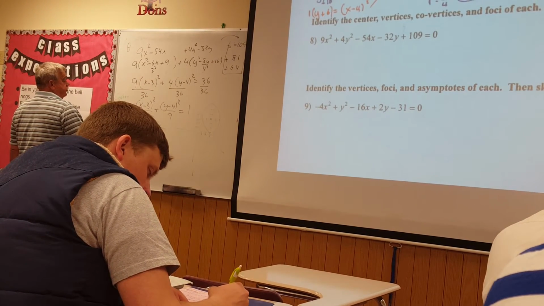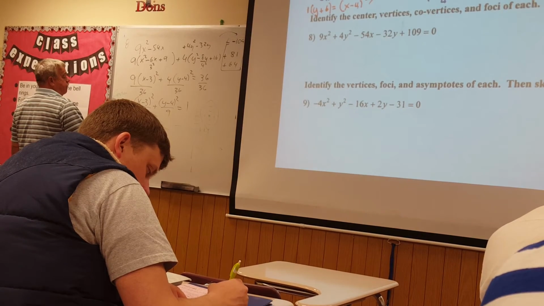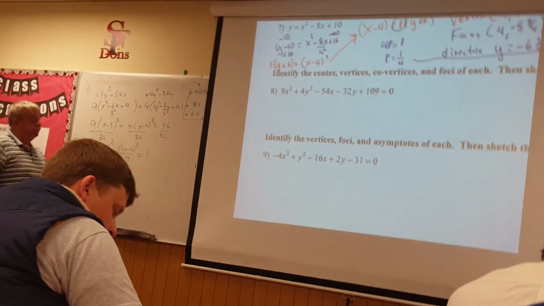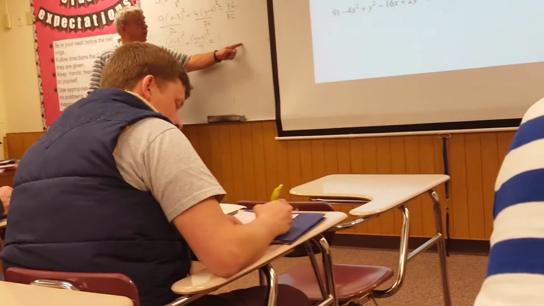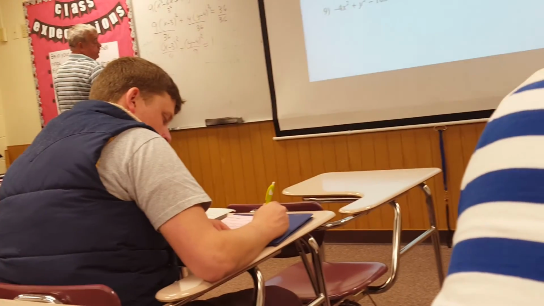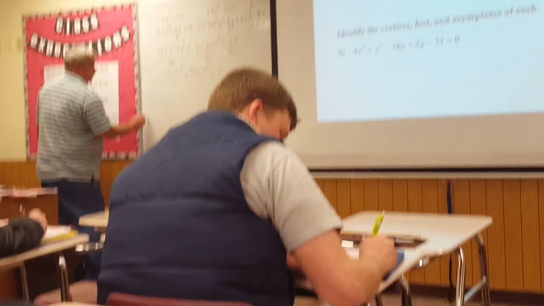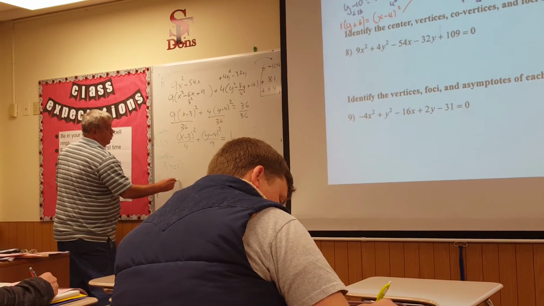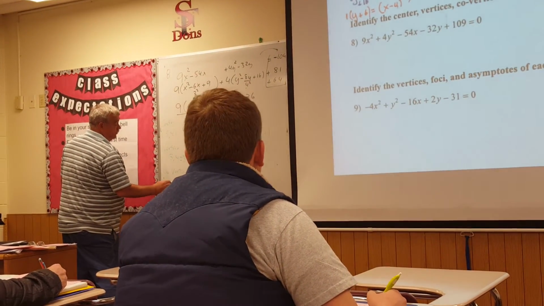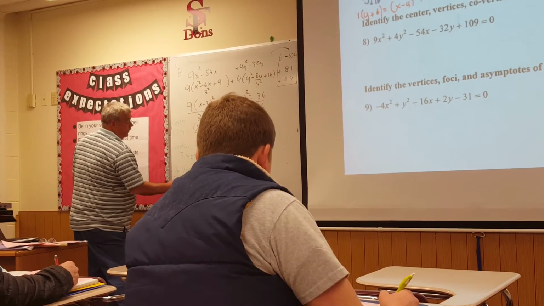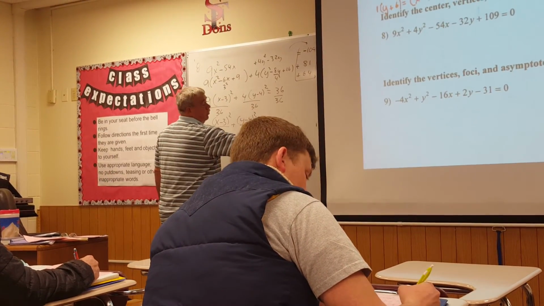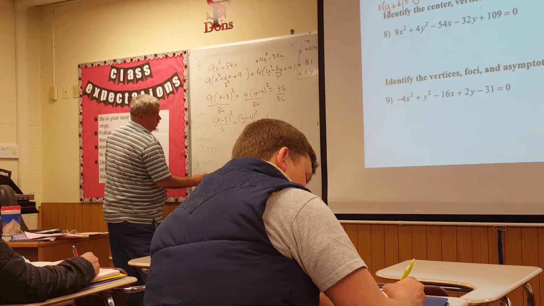So the vertices would be 3, 4. So I'm right here, I go up 3 and down 3. So it's plus or minus 3. The co-vertices then would be opposite this, so it's 3 plus or minus 2. So we go 2 and 2, 4.